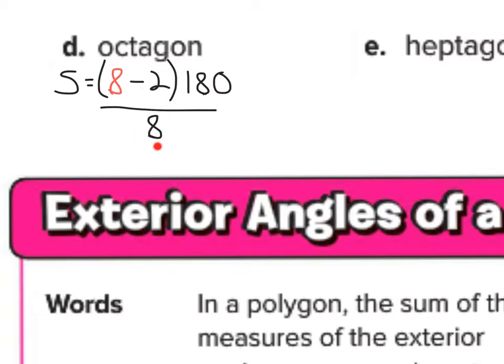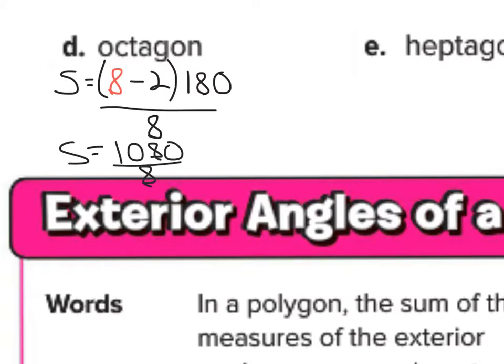So I will solve and then divide. 8 minus 2 is 6. And then 6 times 18 gives me 108, or 1080 if I multiply by 180. So S equals 1080 divided by 8.